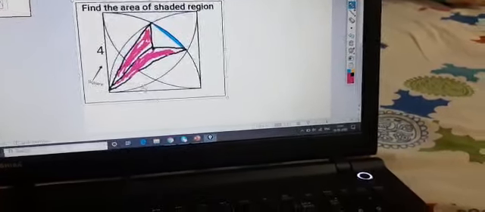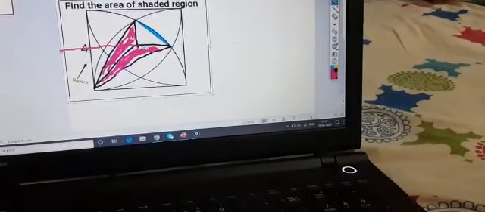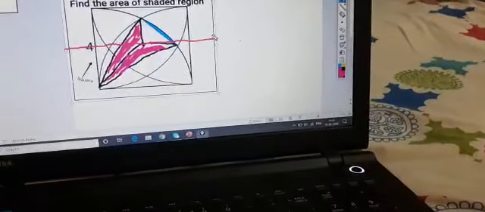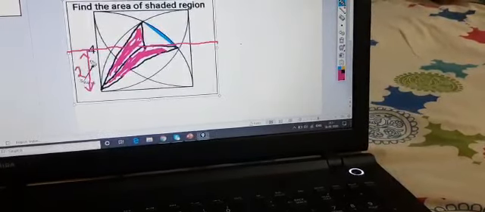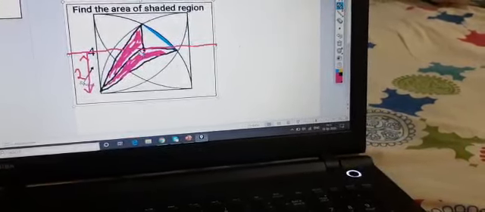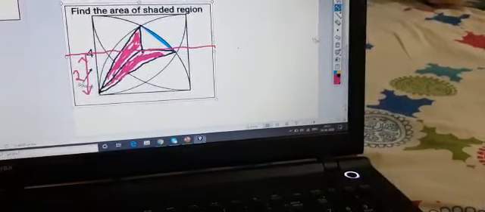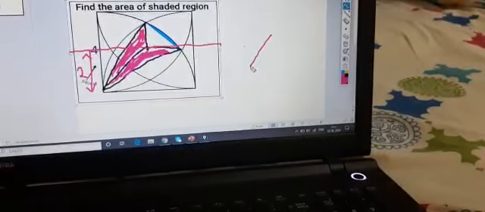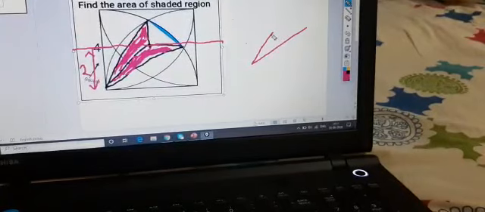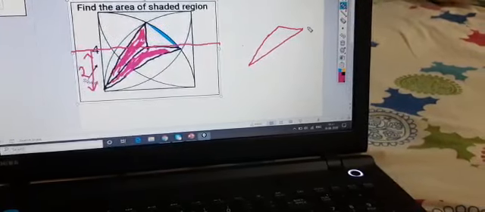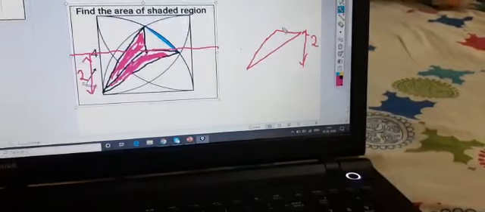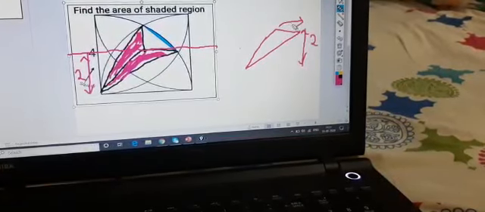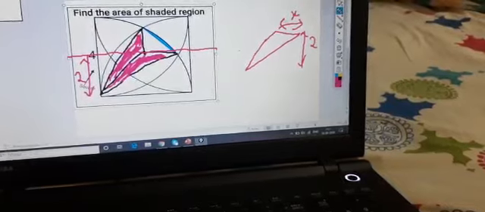Okay, so I would try to join this here. Easily you can see this is equal to 2. So this triangle, I'll be drawing this triangle here. You have height here, just 2. You need the base x.